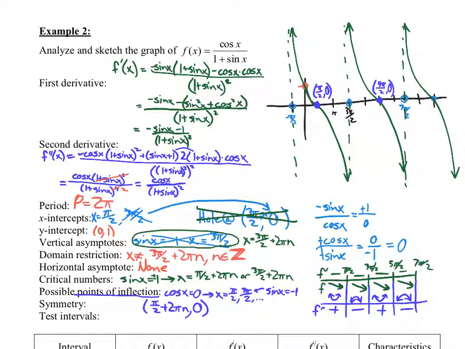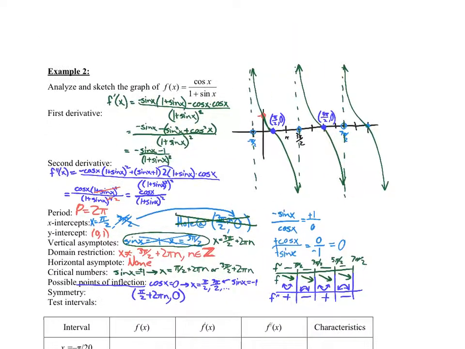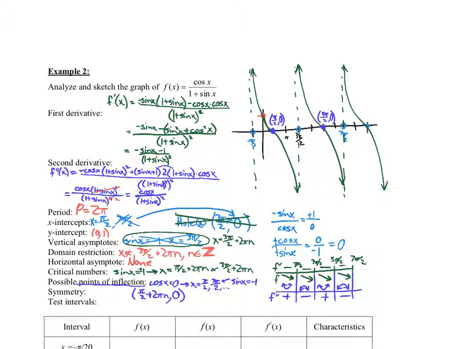Those of you who really love the trig and are a little bit more savvy problem solvers might be able to recognize this as an opportunity. What if I took this original function and I decided I was going to multiply this by (1 minus sine x) over (1 minus sine x).